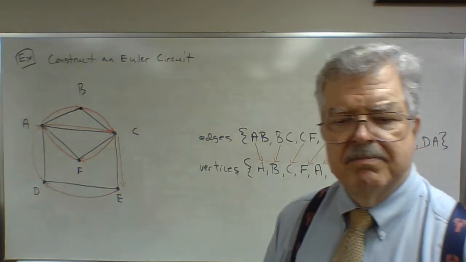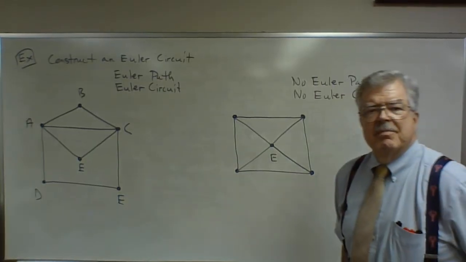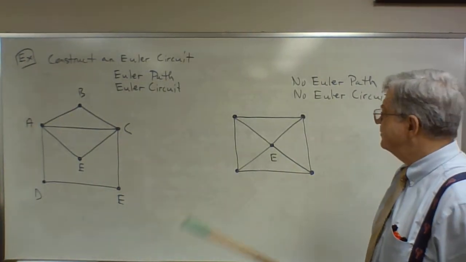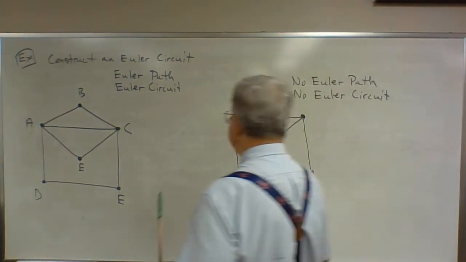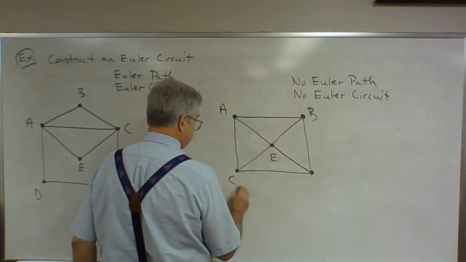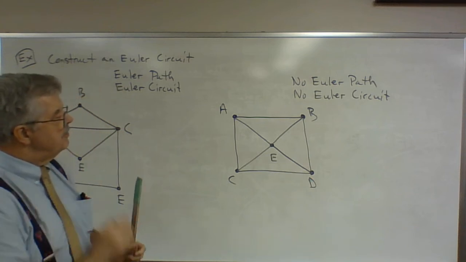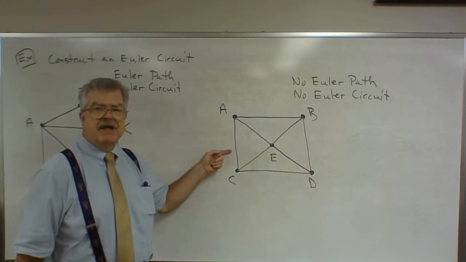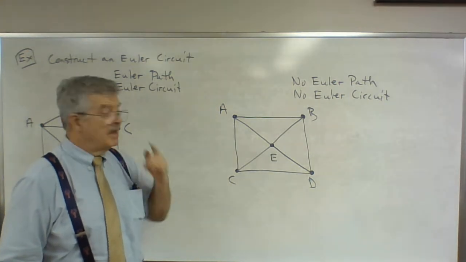Okay, well, that was fun. Let's just do a brief retrospective. Whoops, and let me put some labels on these vertices. With this graph, I tried to create an Euler path, and I couldn't do it.